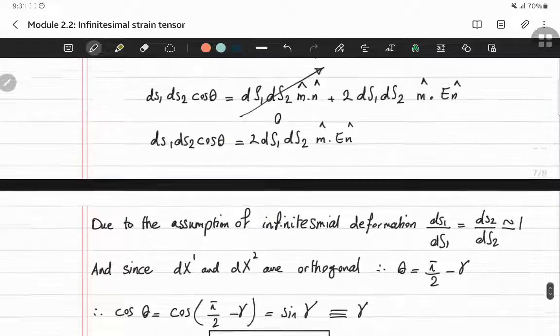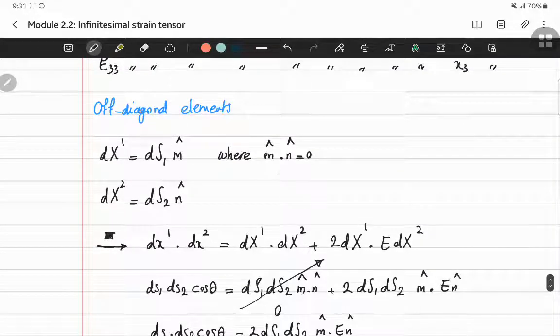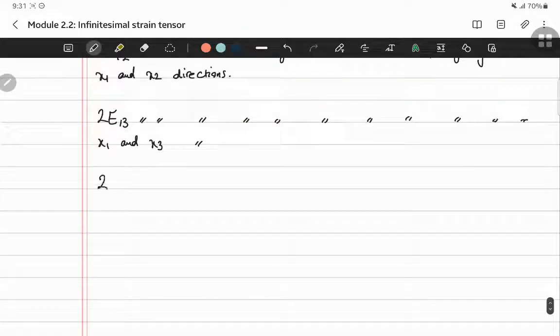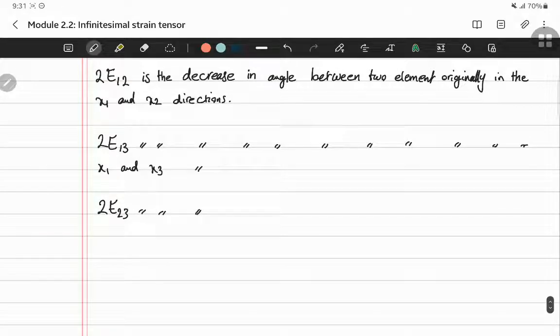If we made this assumption in developing these kind of equations that the initial elements are perpendicular to each other. So 2e23 is the decrease in angle between two elements originally in the x2 and x3 directions.